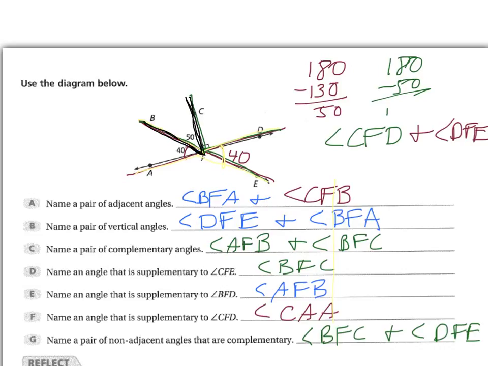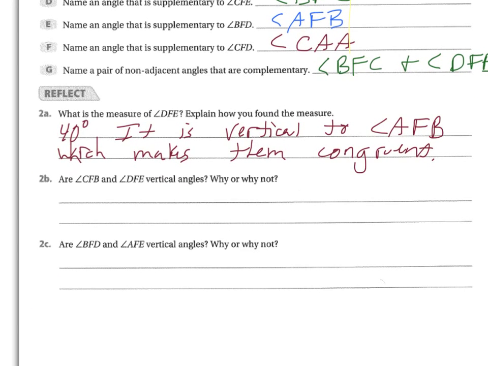This angle, and what is the other one? DFE. Where is DFE? Are these two angles congruent? We're looking at these. Well, one is 50, one is 40. So I'm going to go ahead and say those are not congruent. No, they are not vertical.